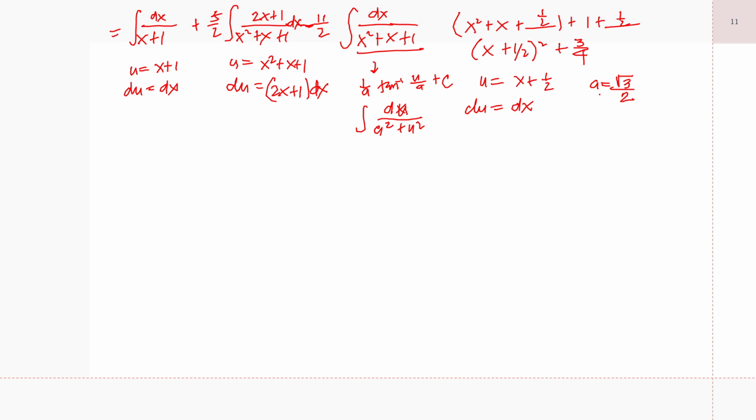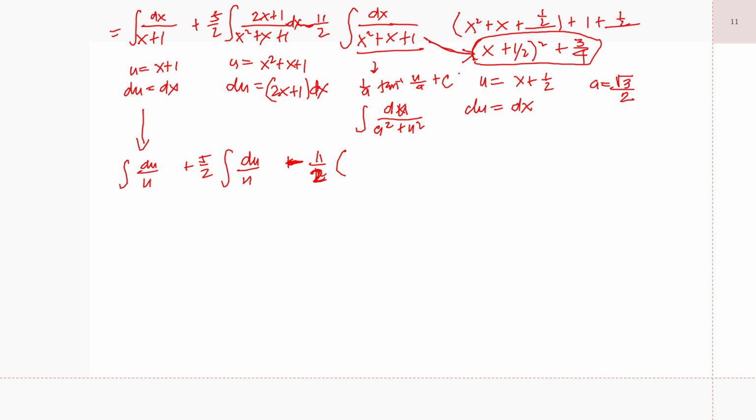So now let's integrate. So this one, integral of du over u plus 5 halves integral of du over u plus minus 11 over 2, then 1 over a, because this is in the form of this one, it is being transformed here.